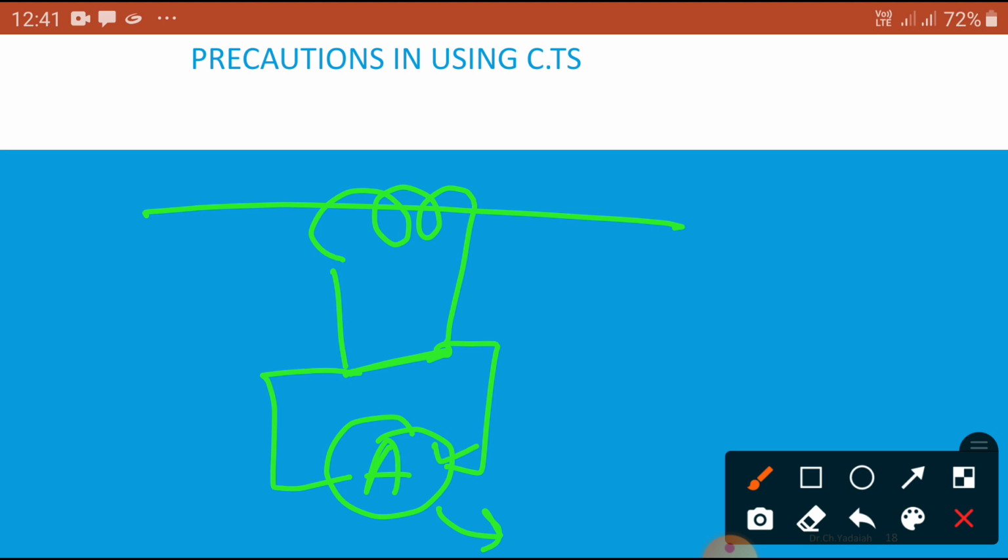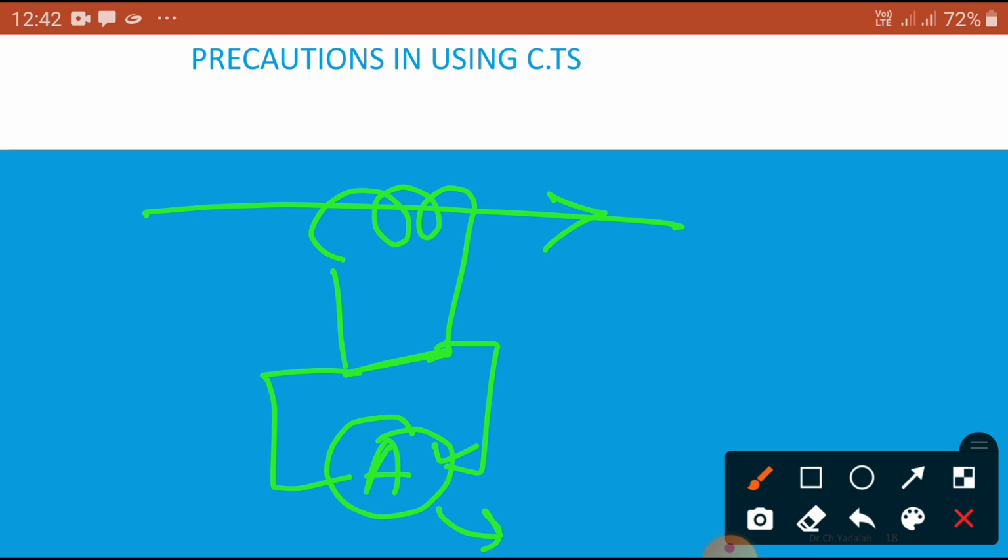Otherwise, what will happen? A severe, dangerous problem may occur. So never open the secondary winding of the CT while the primary winding is energized. The CT is always used with its primary winding connected in series with the line carrying the current to be measured. So it is connected like this. Okay, so this is one precaution.